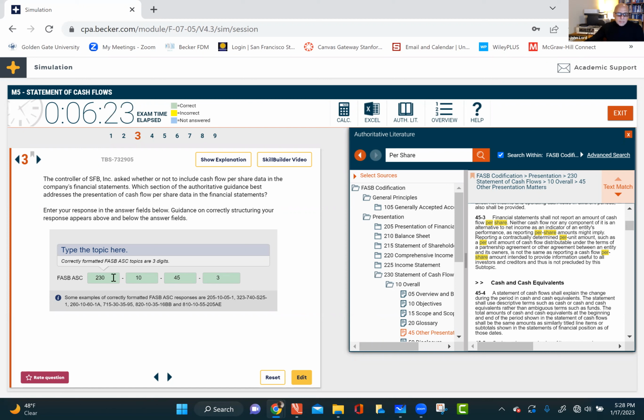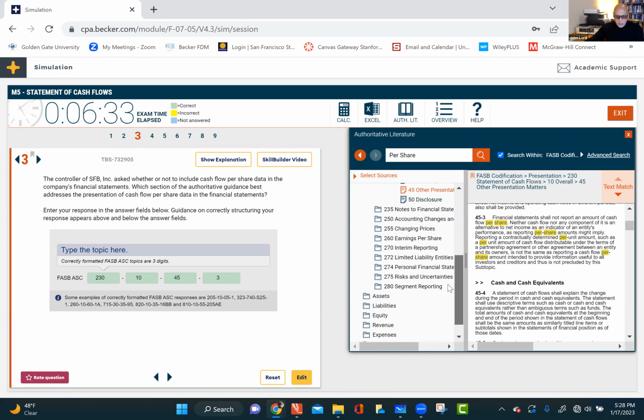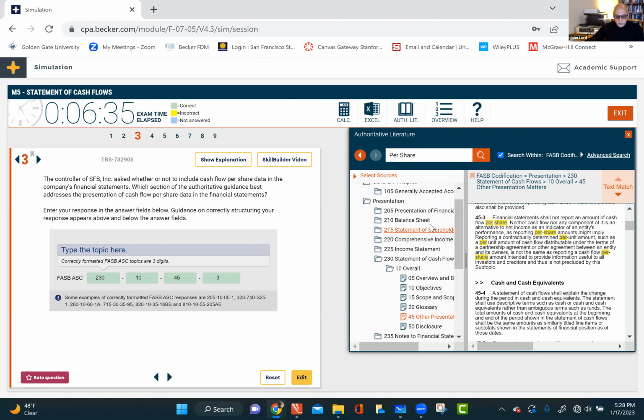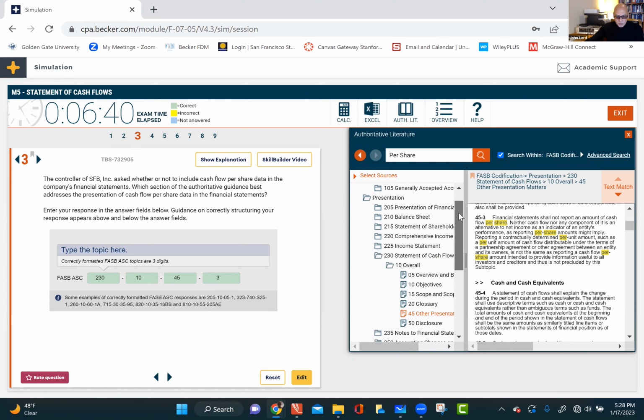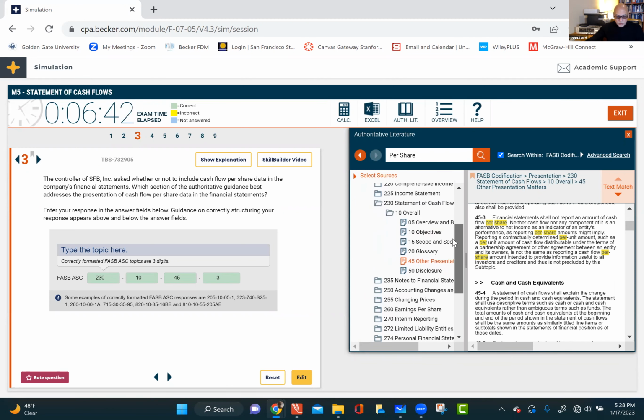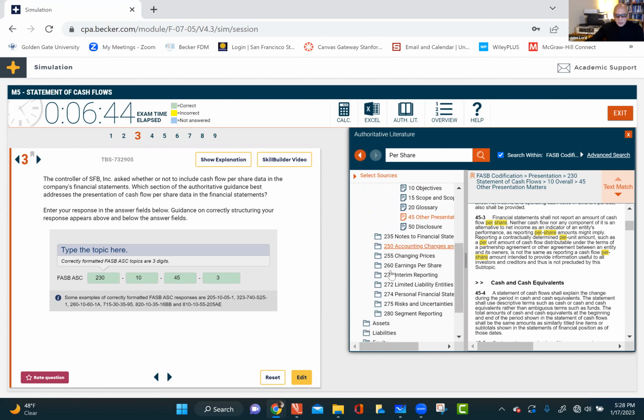Now, let's say I went through this and I was like, I don't know, I can't find it exactly. But you would probably have a good feeling that if it's a cash flow question, you're in 230. So this is probably not a bad thing for you to put on a flashcard, what things are covered in these various topics: 205, 210, 220, 230. That probably would be a good thing, because you can get partial credit by just having 230.